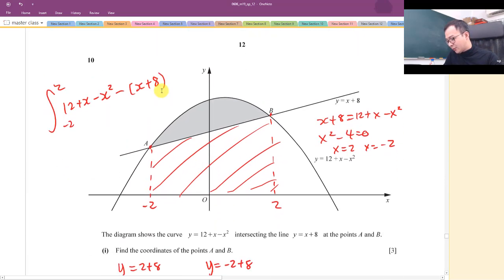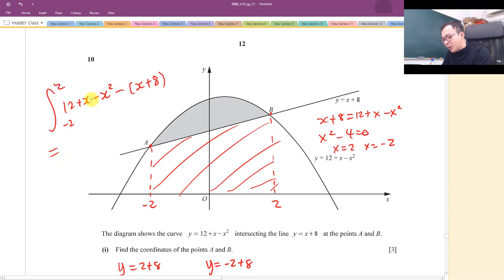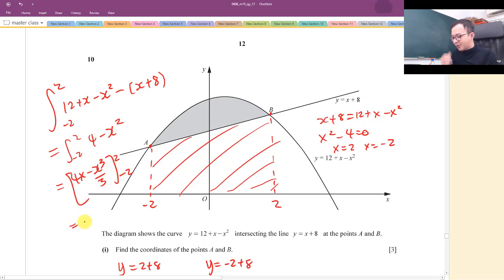So what we do here is we subtract first before we start any integration. So 12 minus 8, so I get 4 minus x squared. Then this gives me 4x minus x cubed over 3, from negative 2 to 2. Then you can type it in your calculator.